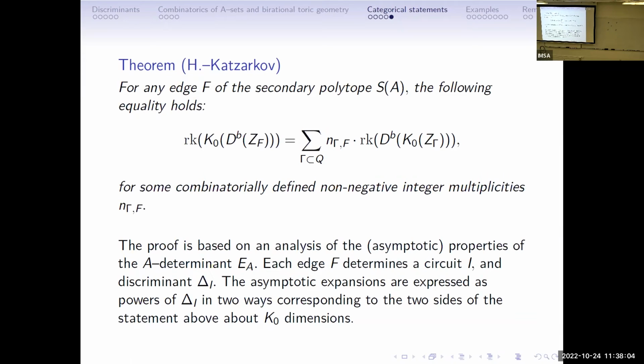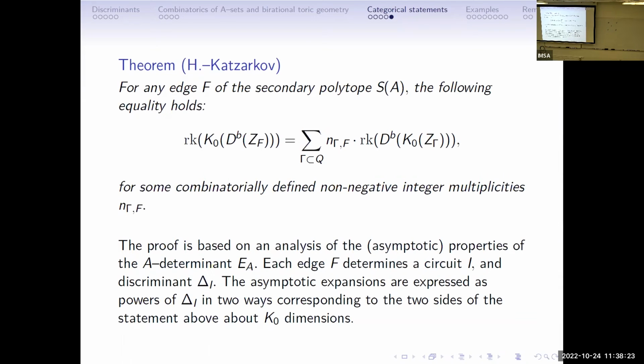And you compare this expansion in two ways, and then we compare the multiplicities, and really those boil down to be exactly these ranks of K theory.